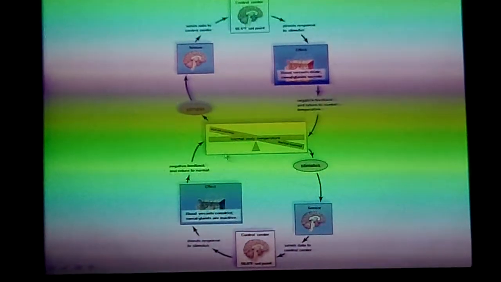So that's what the final section talks about, and homeostasis is very important. It's not just important in the body to keep constant body temperature, but you want to keep your blood pressure constant, you've got to keep your water levels constant, your sugar levels, your salt levels.